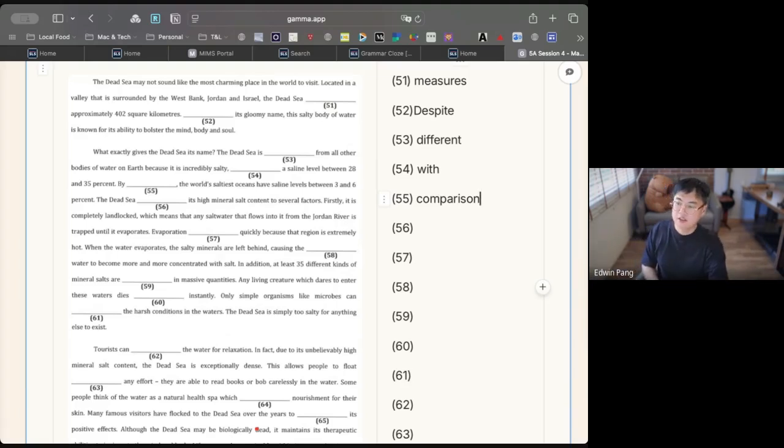Excellent, okay? So next one, 56. The Dead Sea, what? Its high mineral content to several factors. So in this case, I'm highlighting to you, its high mineral content is caused by several factors. The Dead Sea, its high mineral salt content to several factors.